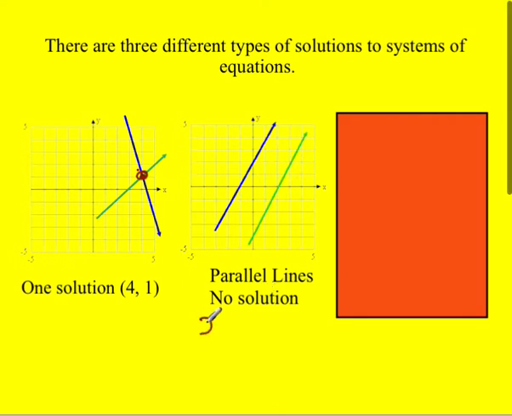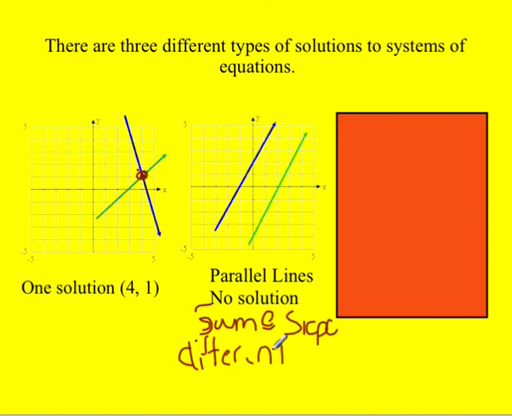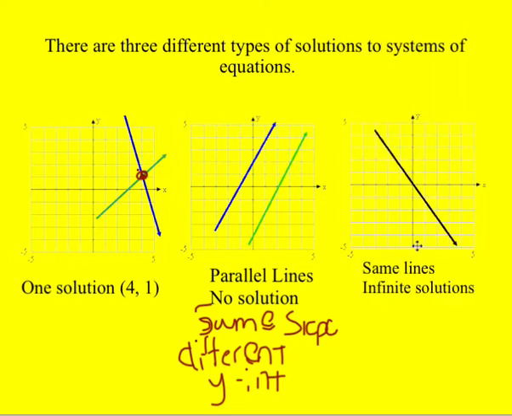This means that they have same slope, different y-intercept. Okay, and last but not least is this guy right here. Same line means they have infinitely many solutions. So you guys could also abbreviate this as IMS if you want to, if you don't want to write all of that out.